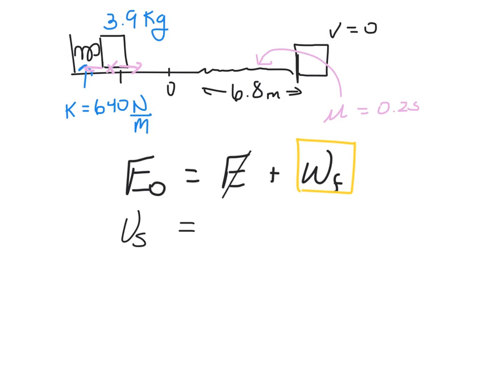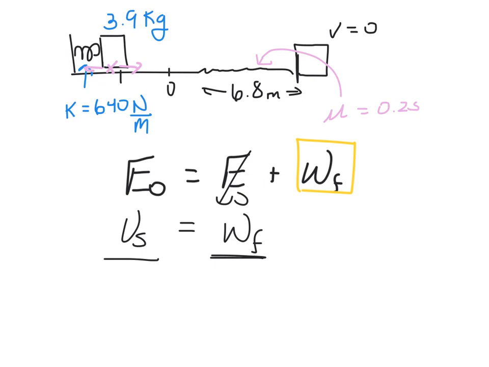Here we had 0, and there we had the thermal. So this is the maximum amount of heat that will be generated. That has to be equal to the maximum amount of spring potential that we could have. As soon as that spring starts to decompress, the spring energy goes down. However, the kinetic energy will go up.